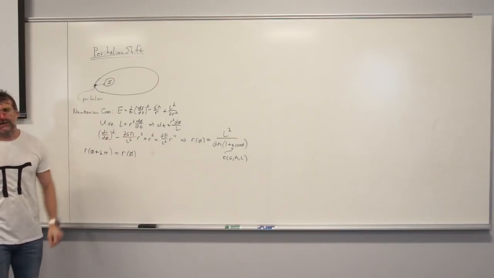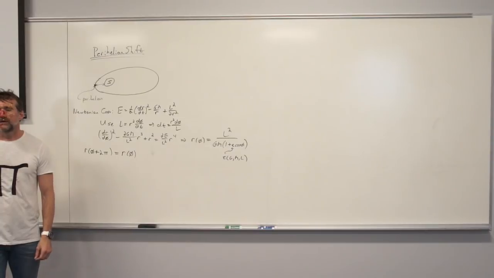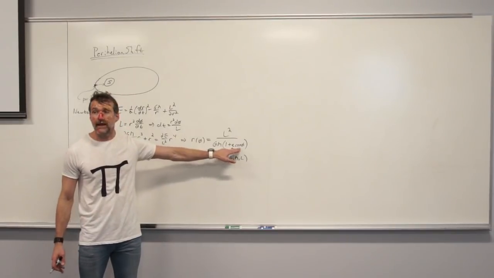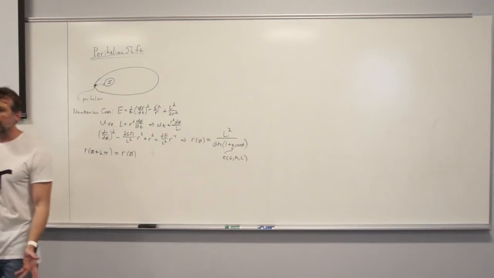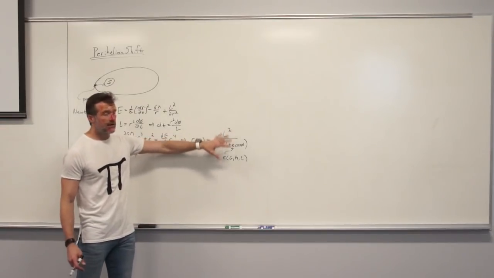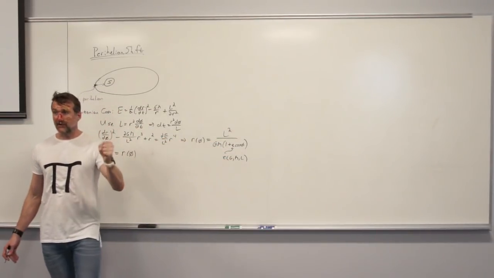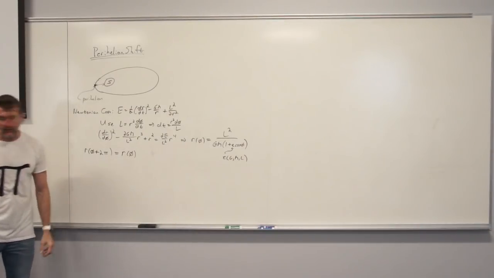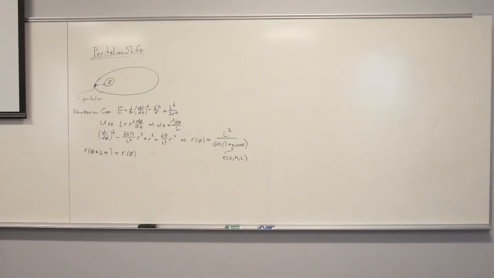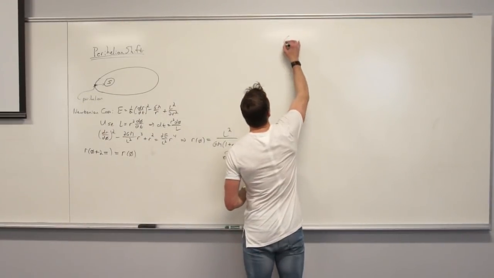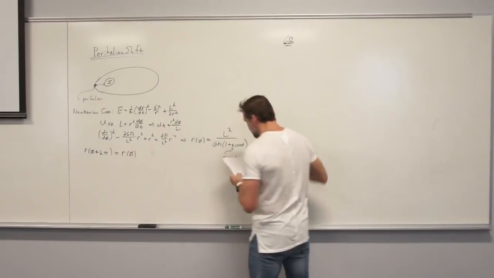How can you see that from that solution? Because the only phi dependence is in cosine. Exactly, because the only phi dependence is in cosine, and cosine is periodic in 2 pi. The cosine is sitting in here in a weird way, but the phi itself sits by itself in the cosine. So when phi is increased by 2 pi, you're going to get back to the exact same value of the function.